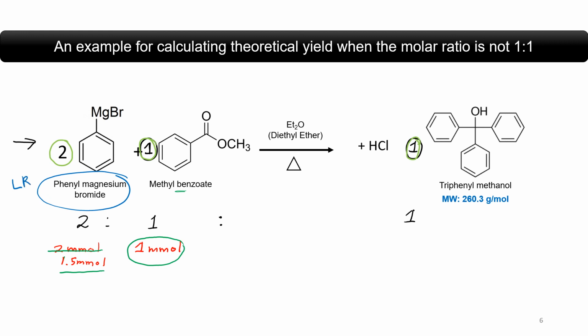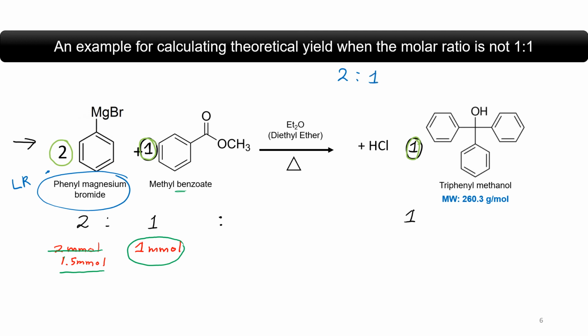And it's going to be that reagent that we're going to use in order to determine how much product we're going to get. And you can see the molar ratio between this reagent, the limiting reagent, and the product is 2:1.